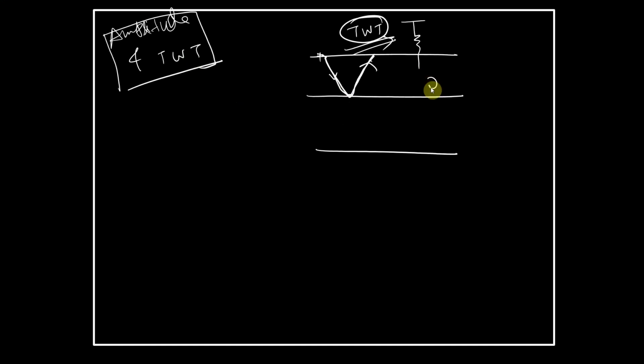That means the conductivity will be different for the first layer, and the permittivity or relative permittivity will be different for the first layer. For the second layer, let's say the conductivity is sigma 2 and permittivity is epsilon 2. So sigma 1 is not equal to sigma 2. This way, you will have a dielectric contrast, and that dielectric contrast will be mapped by GPR.